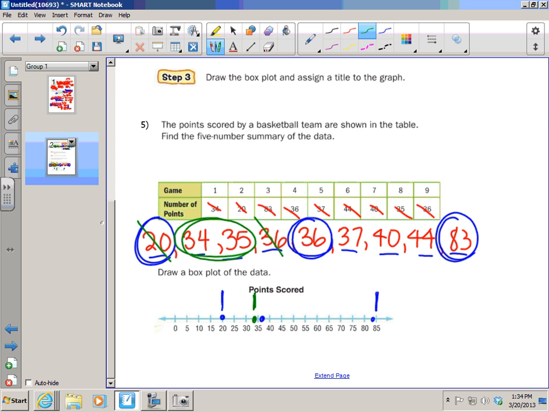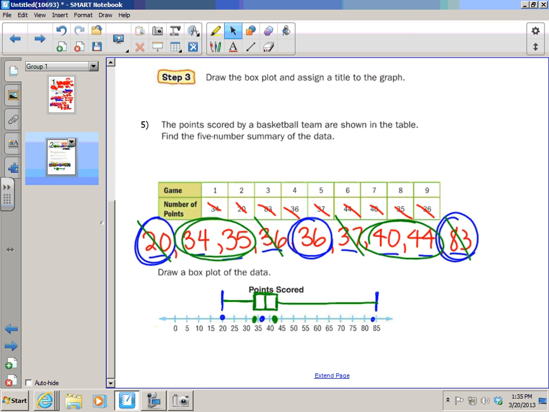I'm going to have the start of my box there. And up here, upper quartile is between 40 and 44, so it's at 42. The other part of the box. So here's the box. Here are the whiskers. And there's your 5-number summary in a box and whisker plot.